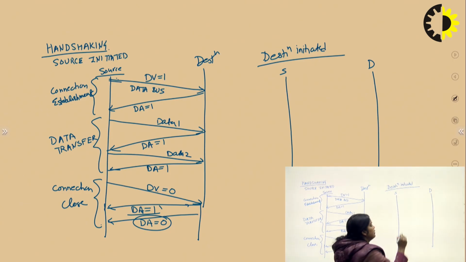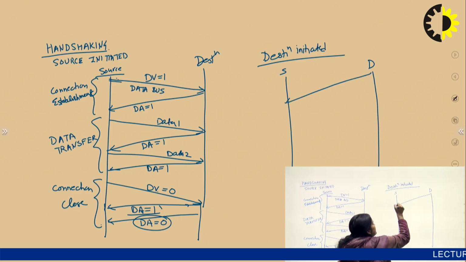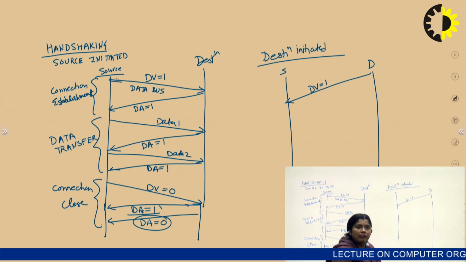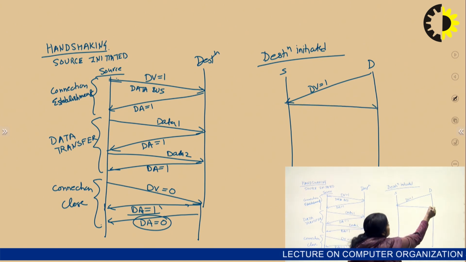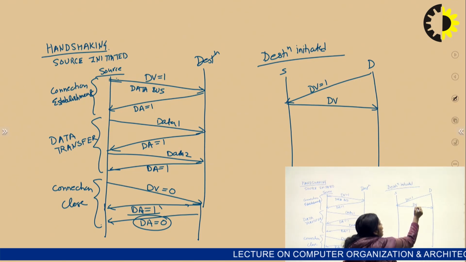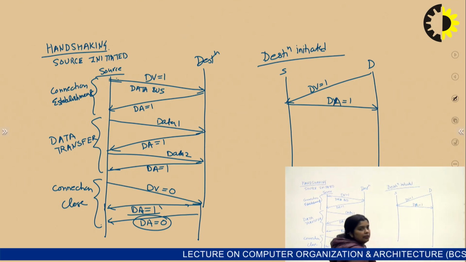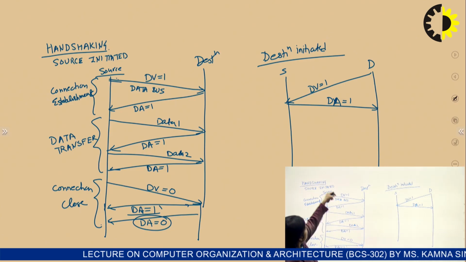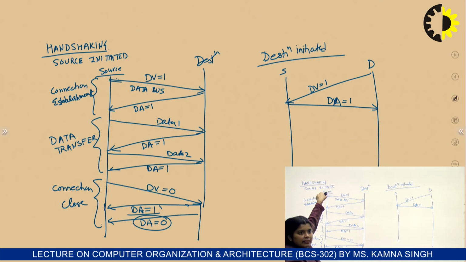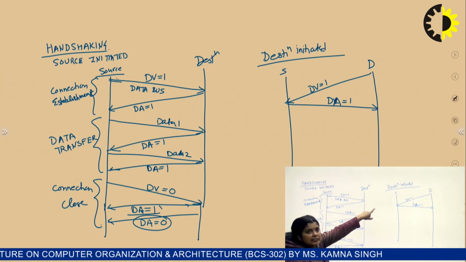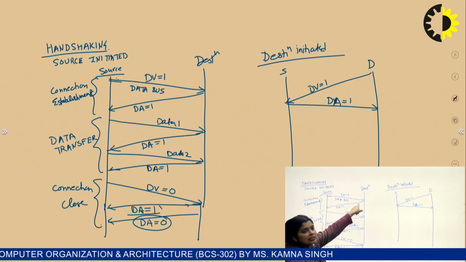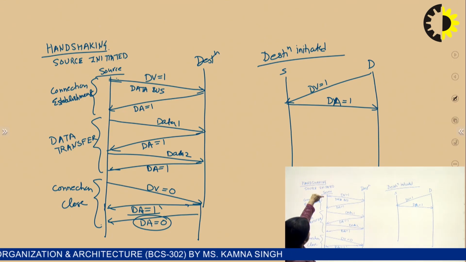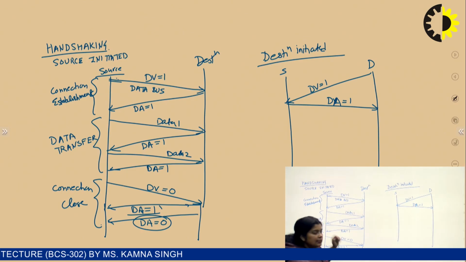But in the destination method, the destination will start. That is, I have a data, I want to communicate, and the source transmits, okay, I accept it, DA equal to 1. You can see here, both are the same; only one is source initiated and the other is destination initiated. The destination starts from here and the source starts from here. That's why they are called source initiated and destination initiated.